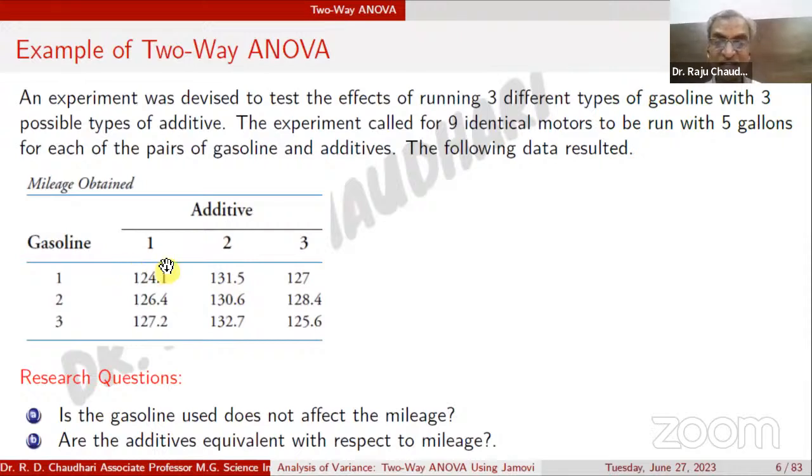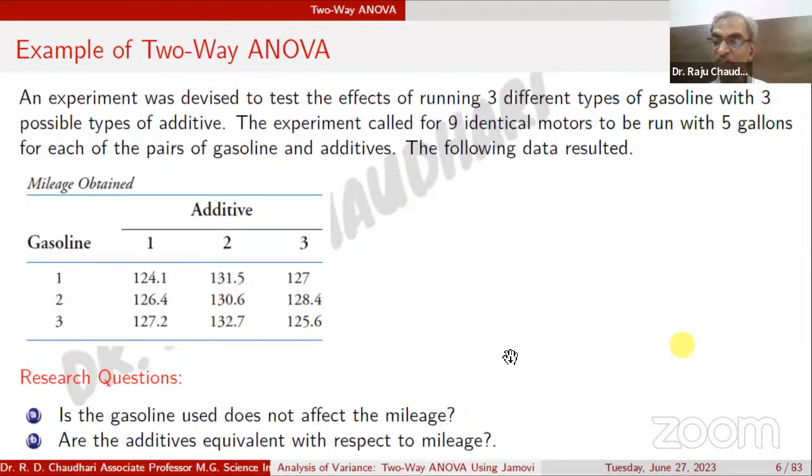So these 9 observations are classified with respect to 2 criteria. One is type of gasoline, another is type of additive. So in such a situation we can go for the two-way ANOVA.